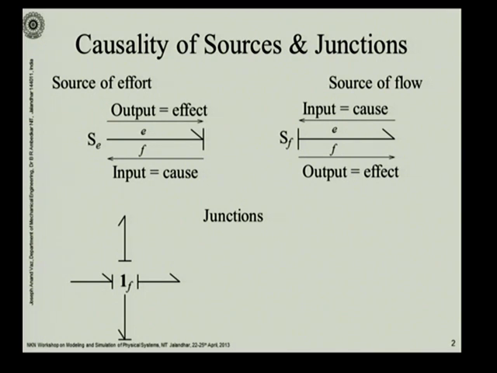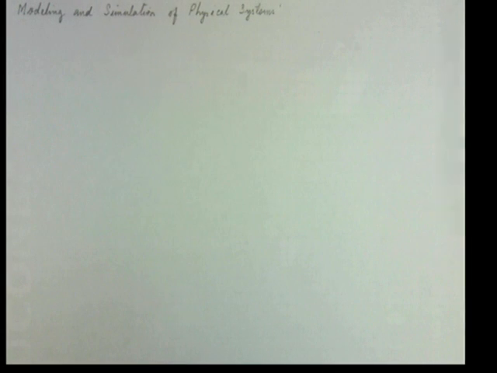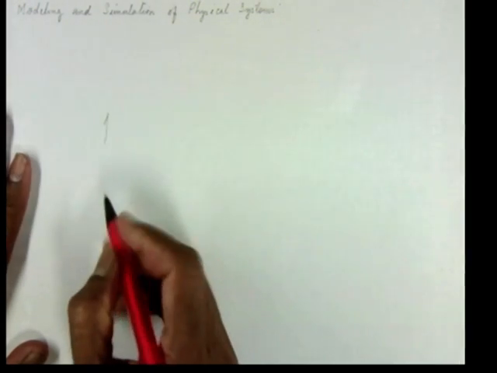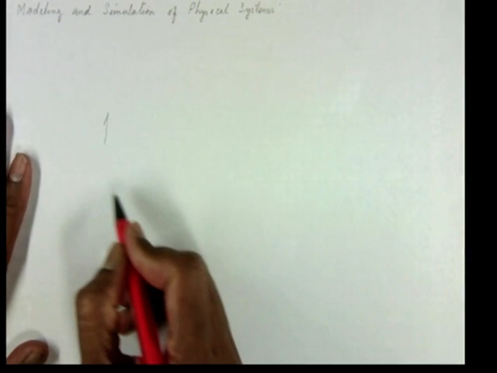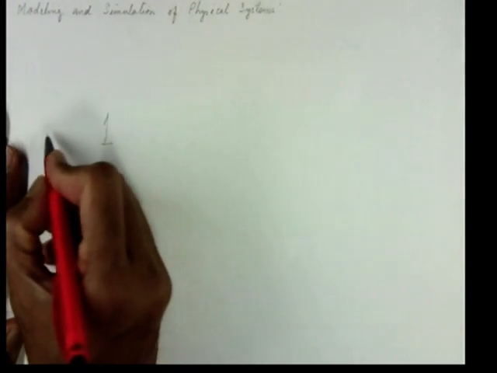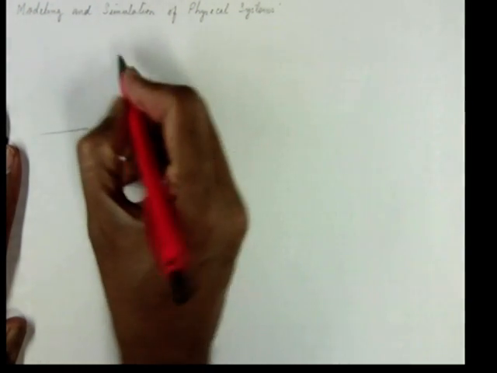Suppose in this one junction we have a number of power bonds connected to it.